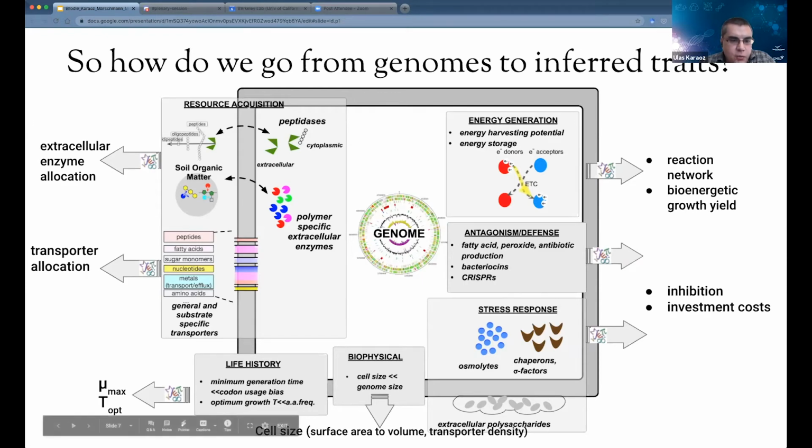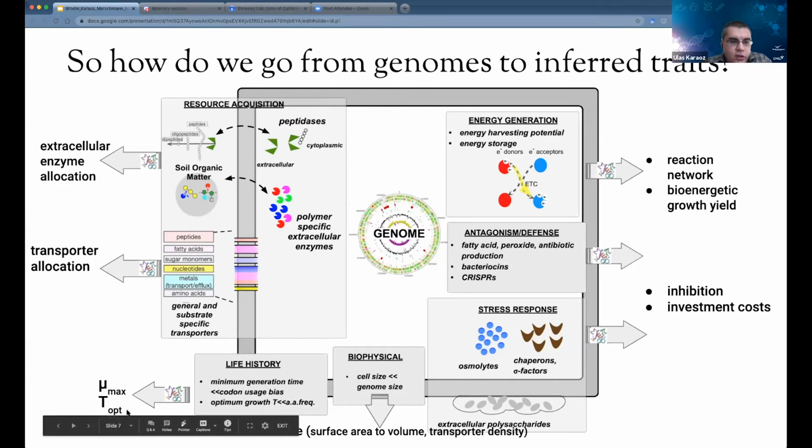So starting from the bottom, the biophysical traits, especially the cell size, is a key trait that underlies many life history traits, and specifically how you use substrate efficiently. And we can get to that through genome size scaling.